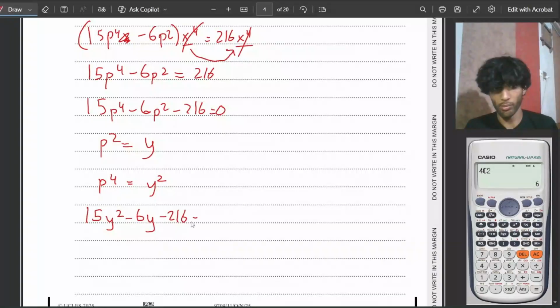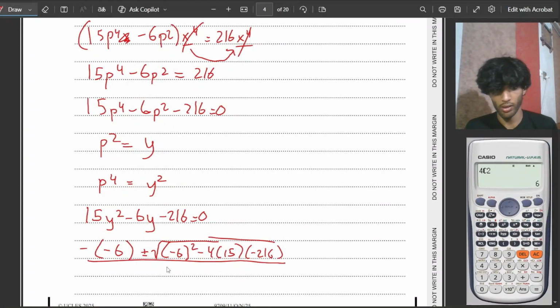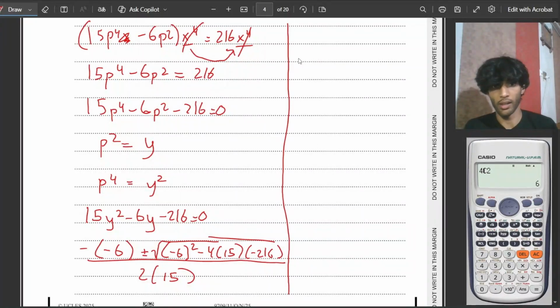And this now becomes a really familiar quadratic that I could solve using the quadratic formula. So I'm going to go with minus b plus minus under root b squared, which is minus 6 squared, minus 4 times a times c, over 2a. Let's solve this out, and let's try and find out what my values for y are.